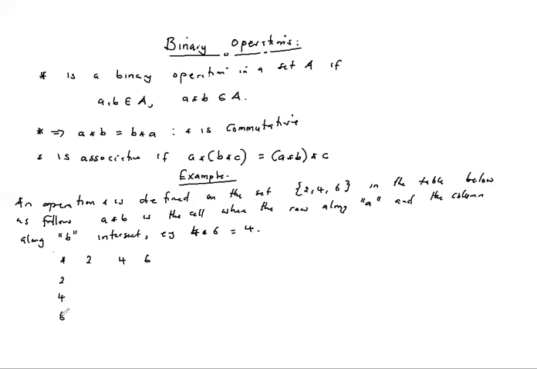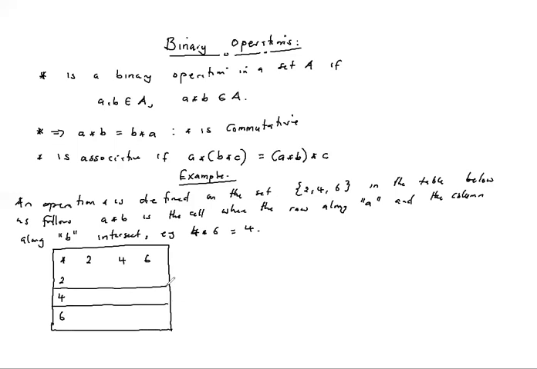So we put the table. 2 star 2, we get 2. 2 star 4, we get 4. And 2 star 6, we get 6. 4 star 2, we get 6.